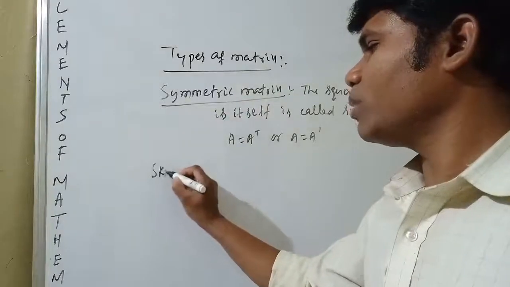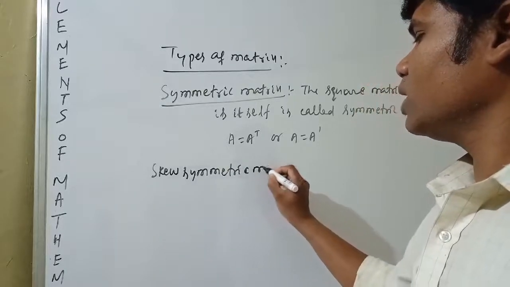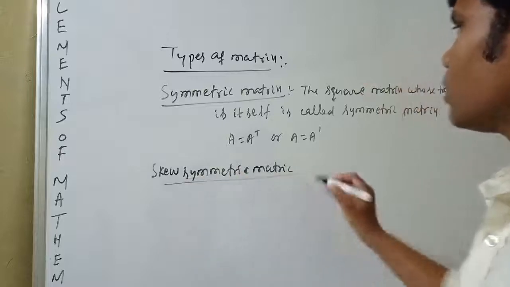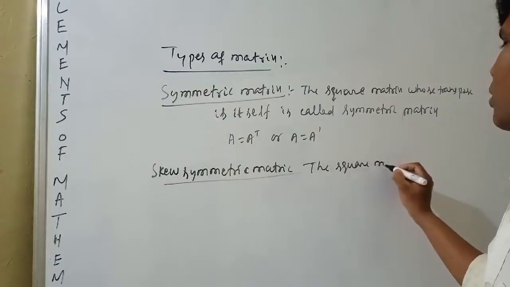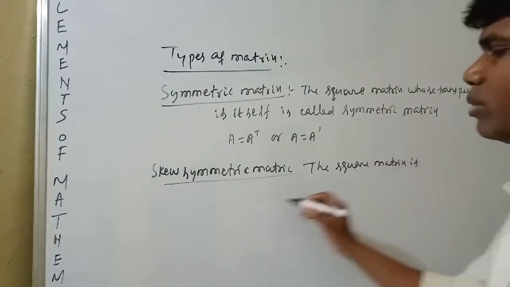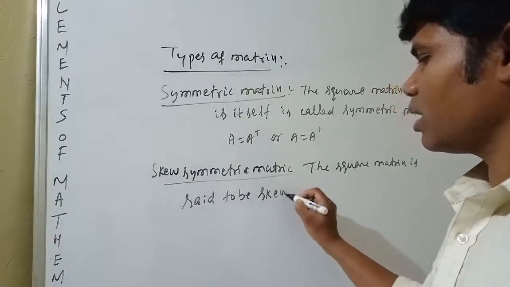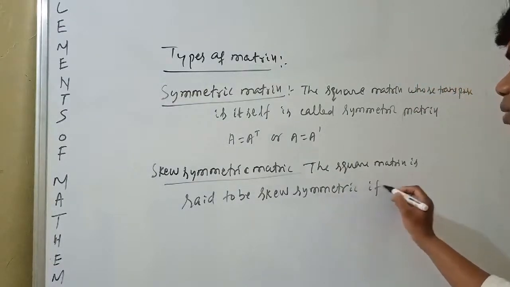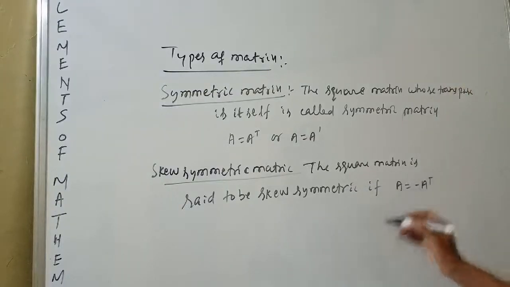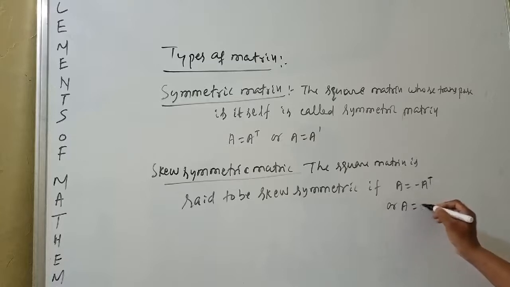Next come to skew symmetric matrix. It is also a square matrix. The square matrix is said to be skew symmetric if A is equal to minus A transpose, or we can say A is equal to minus A dash.